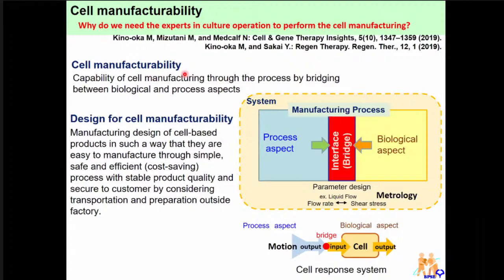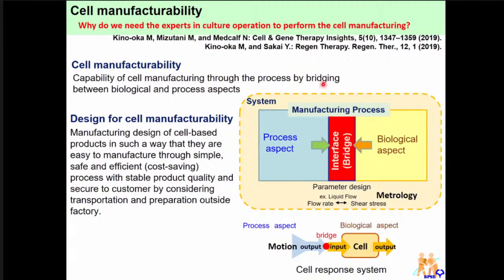That's manufacturability. So what is cell manufacturability? I define it as the capability of cell manufacturing through the process by bridging the biological aspect and the process aspect, to develop the manufacturing process. That is a system in my case.